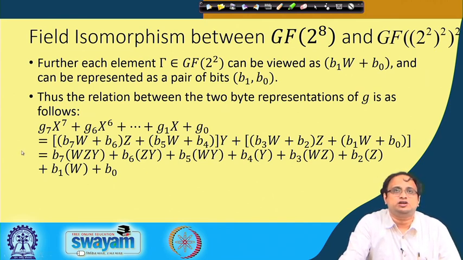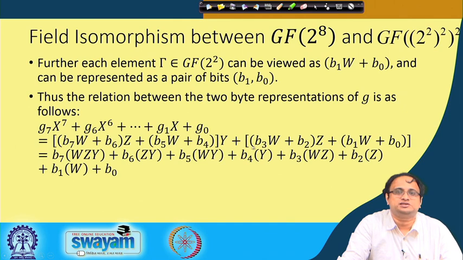Equivalently, you can write this polynomial as two parts. The first part is where the indeterminate is y, and the lower part is the constant. Again, the lower part you can decompose into two parts. The first part will have z as an indeterminate, and the lower part will be constant.